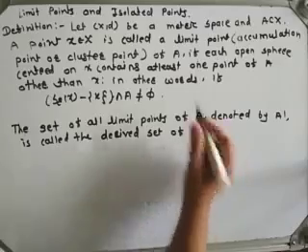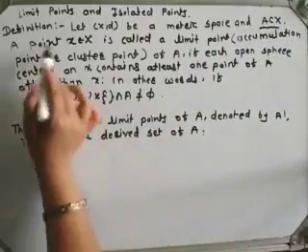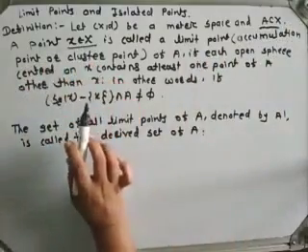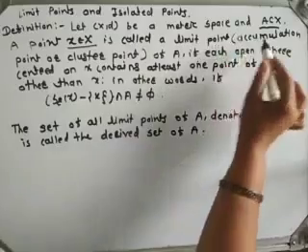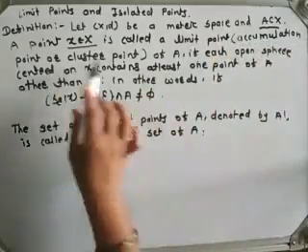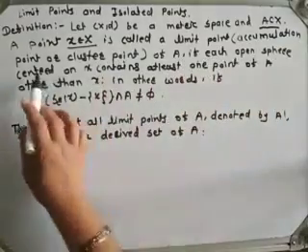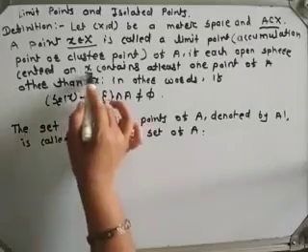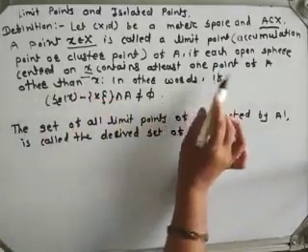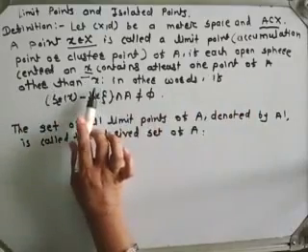See here, what is the definition of limit point? Let X be a metric space and A is a subset of X. A point x belonging to X is called a limit point or accumulation point or cluster point of A if each open sphere centered on x contains at least one point of A other than x.